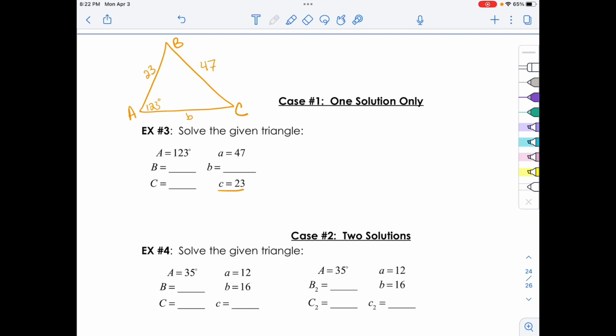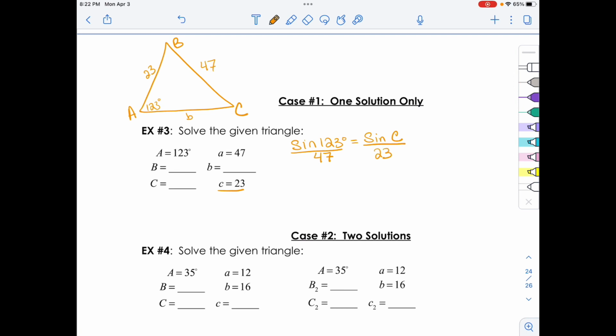Okay, so now we do law of sines just like usual. I can't find an angle, so I'm going to have to set up the law of sines and say that the sine of 123 degrees over 47 equals, and I'm going to do C, the sine of C over 23.